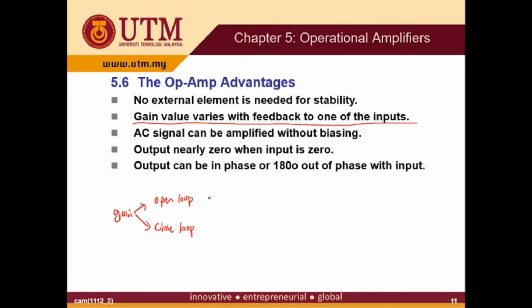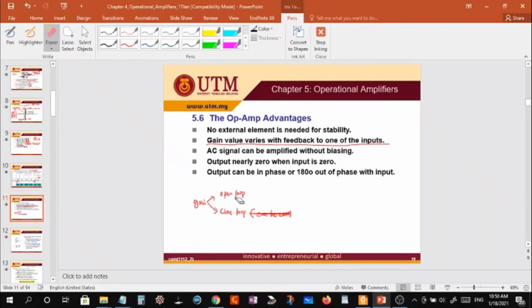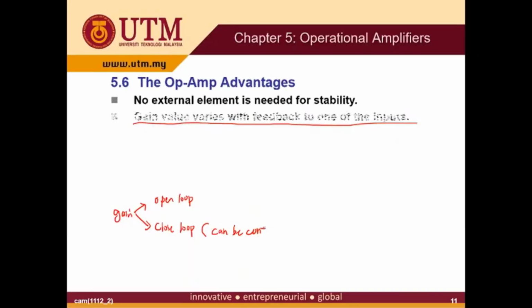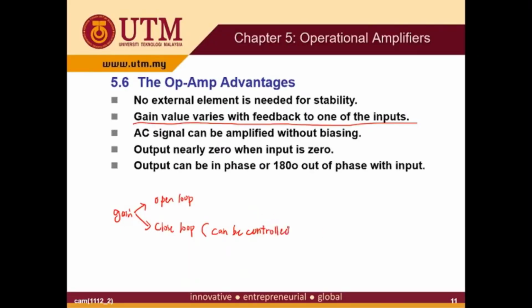Open loop gain is a fixed value, but closed loop gain depends on the feedback resistance. So here the closed loop gain can be controlled or modified by changing the value of the feedback resistance.